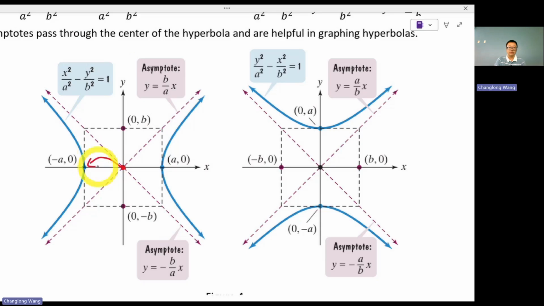Go to the left and the right by a units to get the two vertices. Then go up and down by b units to reach the other two so-called vertices, but we didn't call them that.